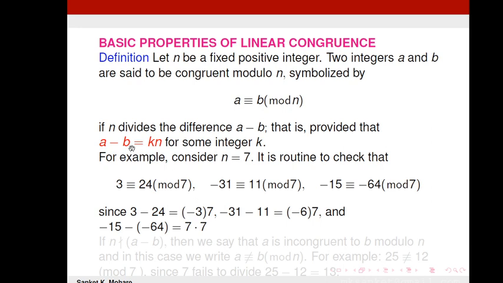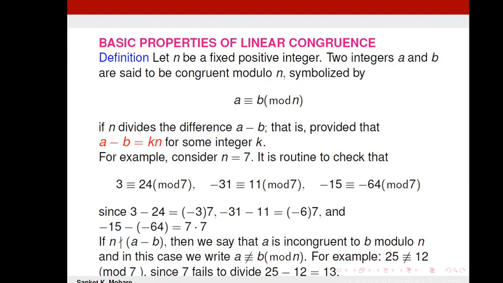Now suppose n does not divide a minus b. What happens? So let's check. If n does not divide a minus b, then we say that a is incongruent to b modulo n, and in this case we write a is incongruent to b modulo n. This is the symbol for incongruent.